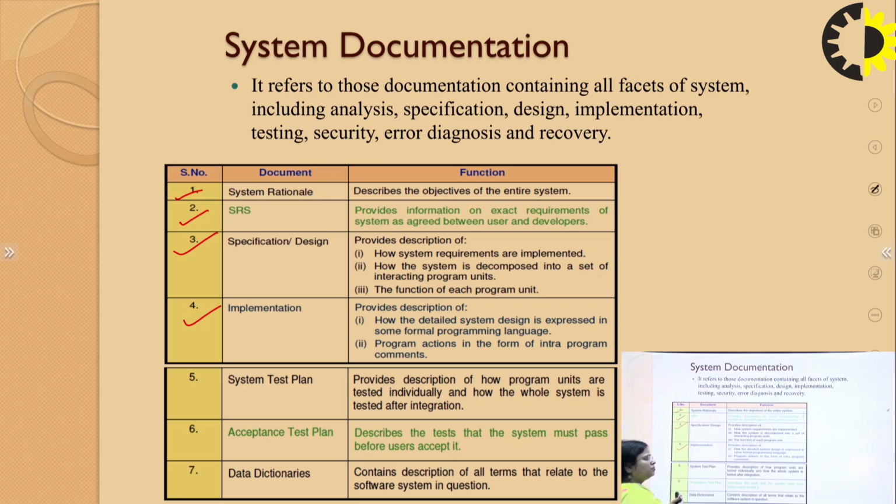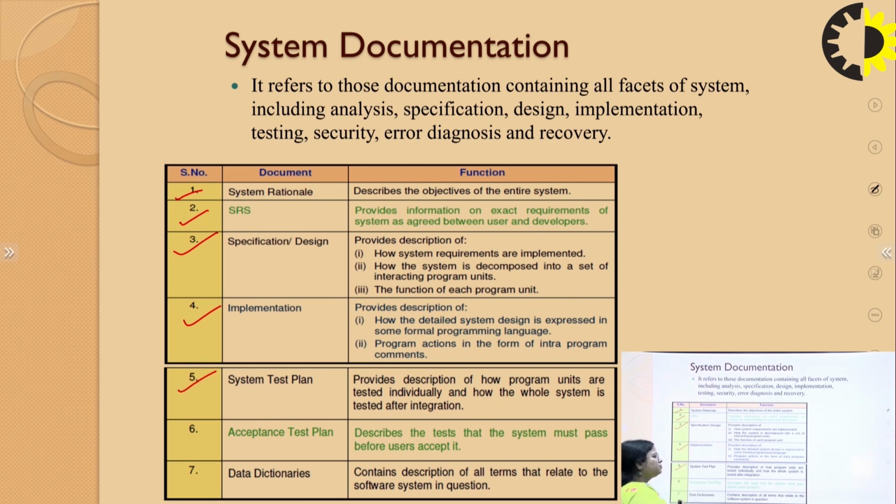Implementation provides a description of how the detailed system design is expressed in some formal languages. It means in implementation we develop the software, we develop the source code in different languages, with program actions in the form of inter-program comments.